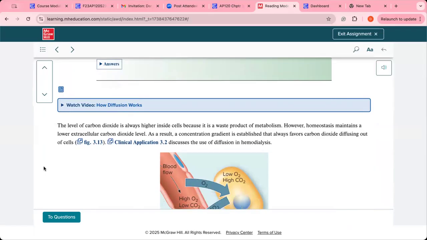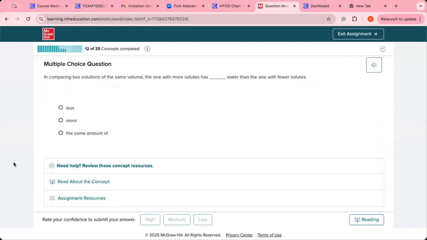Okay, go to the question. I'm not sure, but I think if you had more stuff dissolved in it, it would be more concentrated. But I'm not sure if the volume would be the same because I'm not sure if the volume refers to everything or the water. Try more and see what you get.